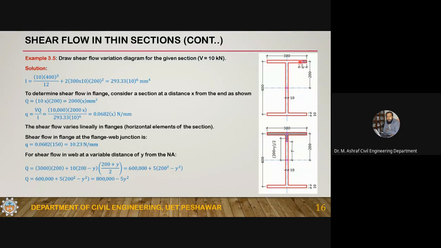So area of this shaded portion is 10 into x, and its centroidal distance is 200, so 10 into x into 200, so this is 2000 into x. x is a variable and it is varying from 0 to 150. I'm using the center line dimension. So now this is the first moment of area.